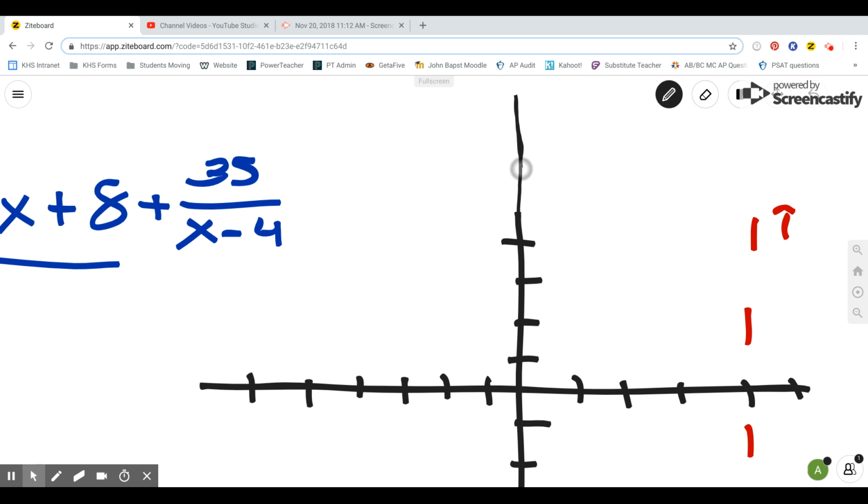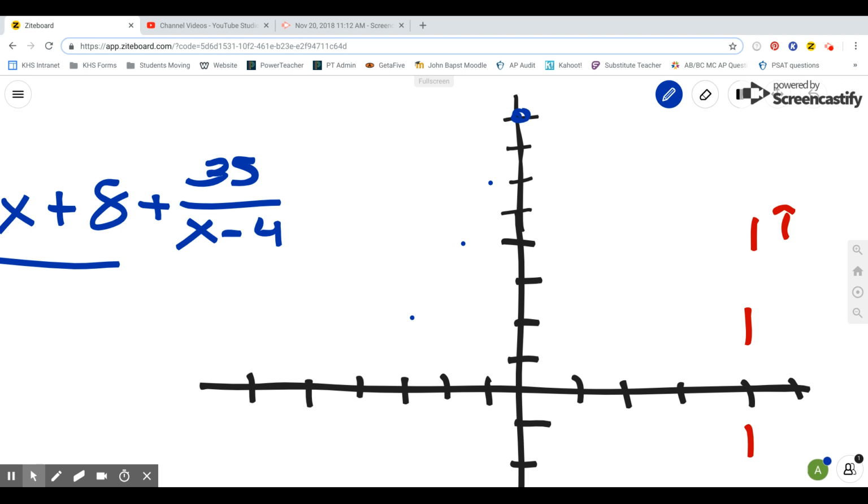So it's going to be quite a steep oblique asymptote. So I'm at 4, 5, 6, 7, 8. So there is my y-intercept right there.